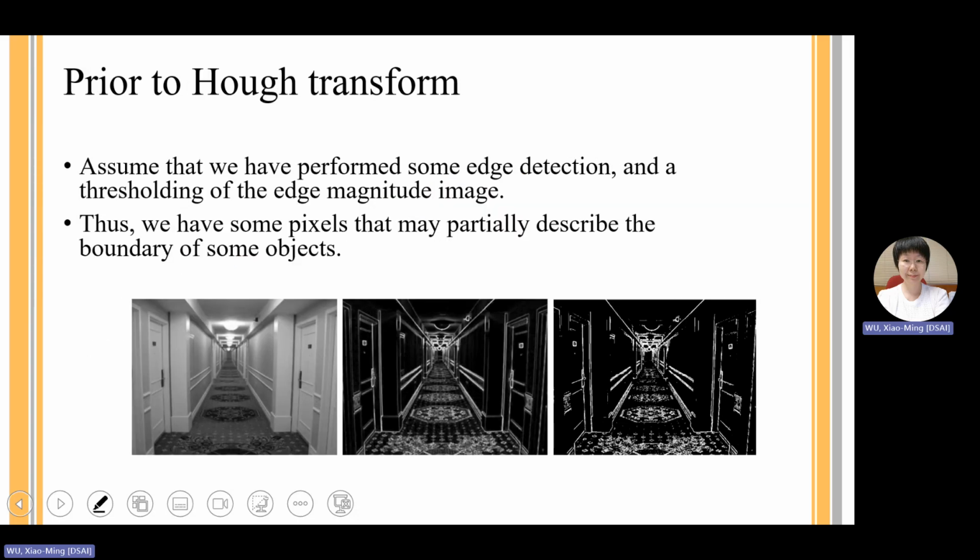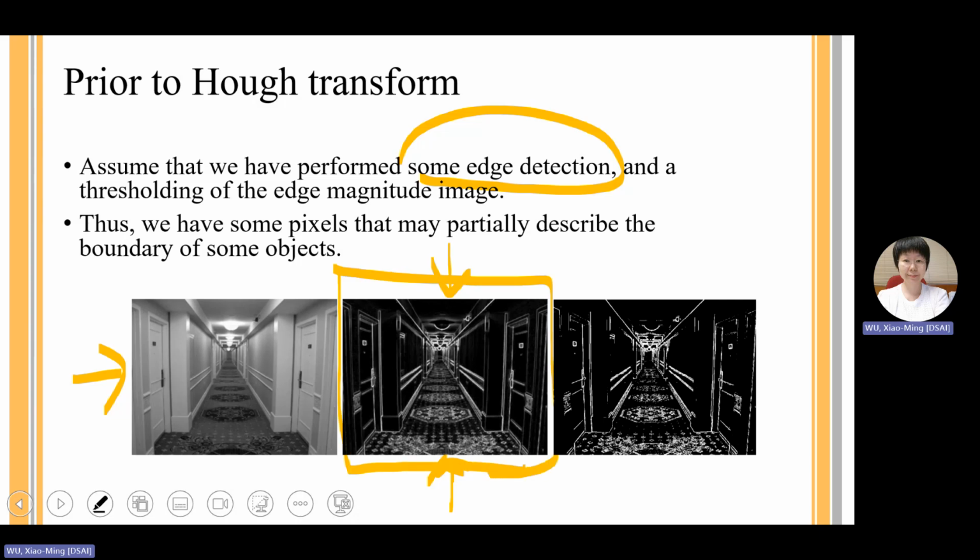Let's take a look at this. This is the input image, and the middle one is the gradient magnitudes. We have performed, for example, the Sobel detector, and we have obtained this gradient magnitude map.